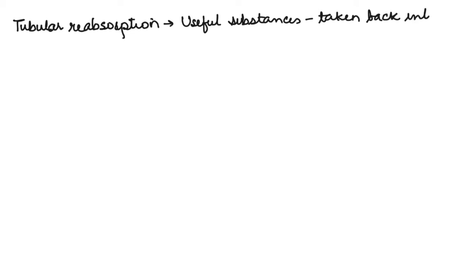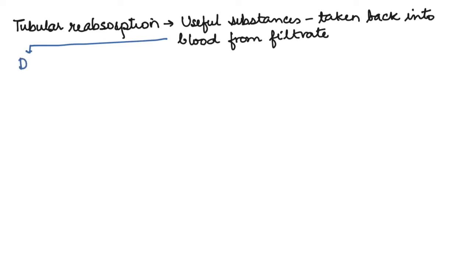Reabsorption is basically the taking up of the useful substances back into the blood from the glomerular filtrate. That means the substances which are required by our body are taken back into the blood from the filtrate.